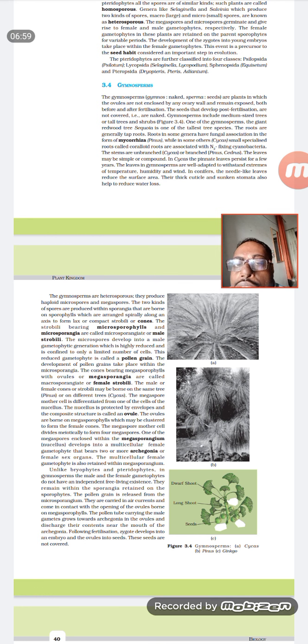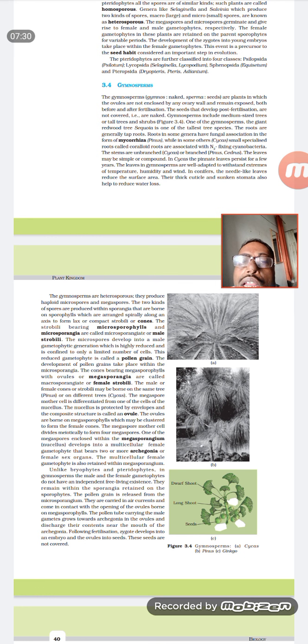The cones carry the male microsporophylls, and the small ones are the megasporophylls, the female cones. The male structures produce pollen grains, and the megasporangium produces ovules, which are known as the female strobili.